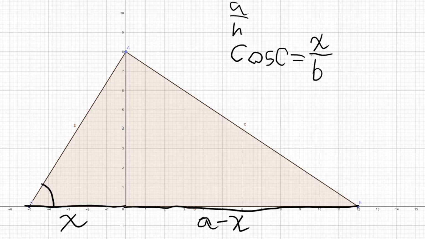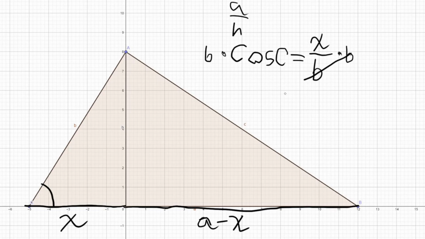Now we can multiply each side by b to get rid of this fraction. So we multiply b on both sides, and we end up with the equation.